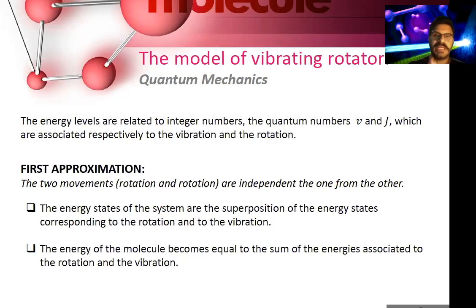They should be related. But as a first approximation, we are going to treat the model called the vibrating rotator. So we consider that the two motions are independent. This forces us to take some considerations on the spectral terms, which simplifies things.